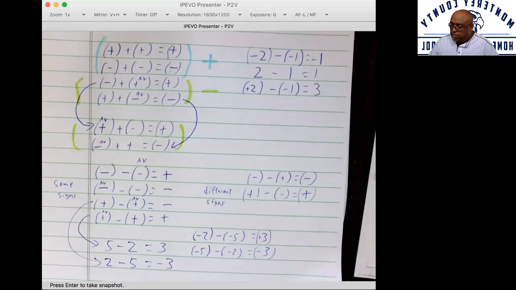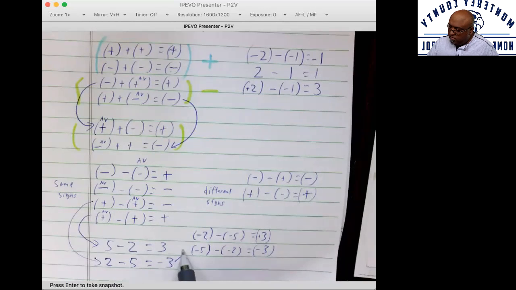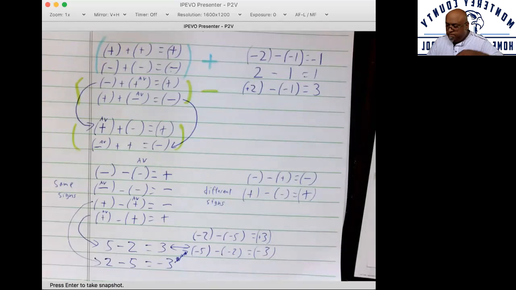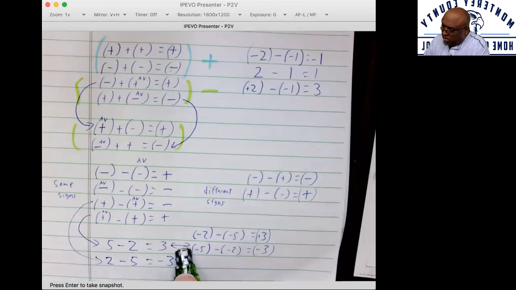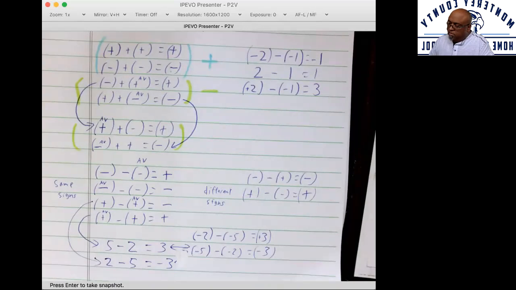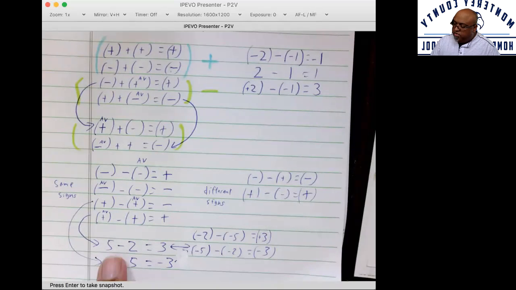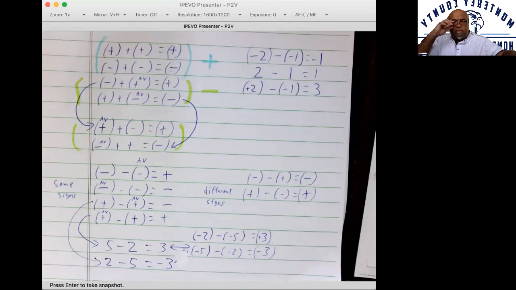Now I want to compare this problem with this problem here. Point being that 5 minus 2 equals 3, while negative 5 minus negative 2 equals negative 3. Basically, if all the signs are the same, it just kind of makes sense. It's a mirror image of this problem here.